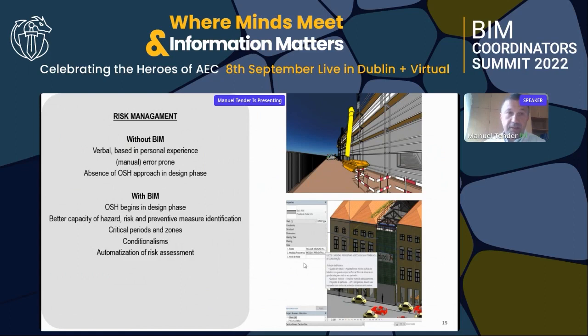We get a better capacity for hazard, risk, and preventive measure identification, and this is one of the main points that people indicate where BIM is useful for OSH. We can better identify critical periods, critical zones, and conditions, and with some tools like Dynamo, I can automate risk assessment.